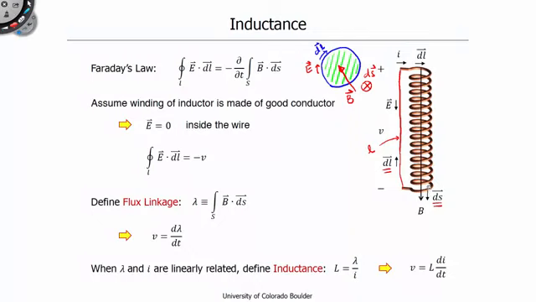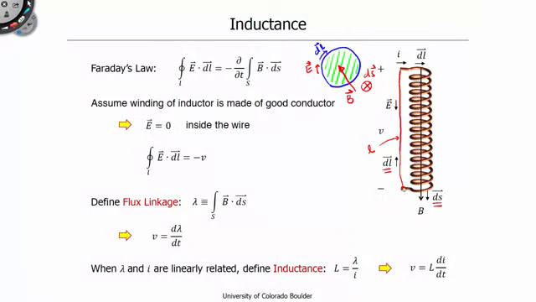Now, in order to compute Faraday's law, let's make an assumption that the conductor that we're using to form this coil is a perfect conductor. So there is no electric field inside the conductor itself, and the electric field only exists between the terminals of this conductor in the outside circuit.